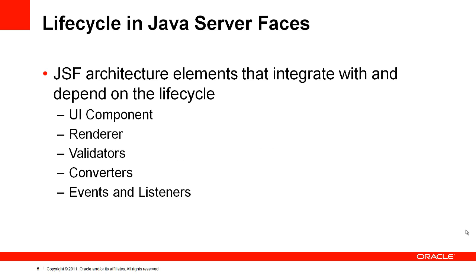Because Java Server Faces handles so much more than just Java Server Pages or even Struts technology, there are dependencies between various elements in the framework and the lifecycle. For example, the UI component may have events associated with it, like a value change listener waiting for the value change event, the notification about the changed data.